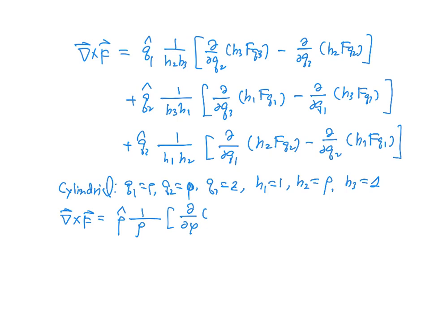Partial, H3 is 1, Fz, minus partial z, partial, H2 is rho, F phi, right?